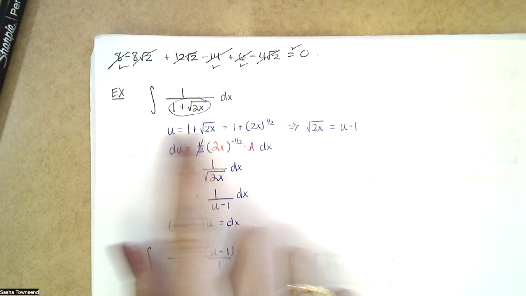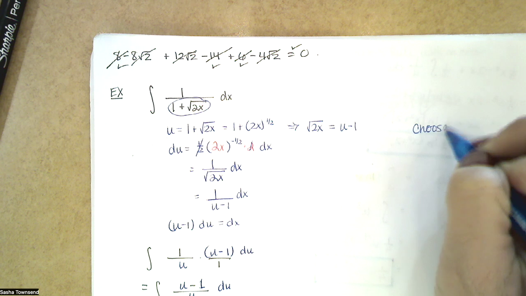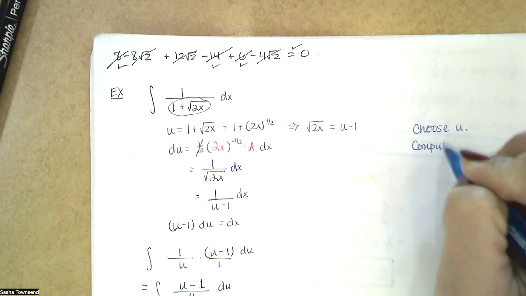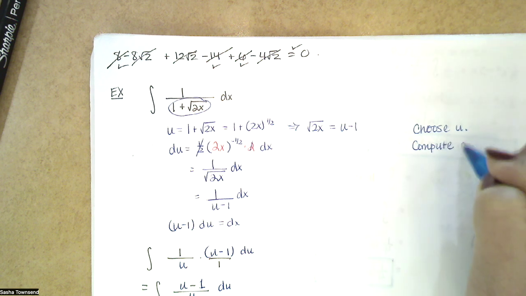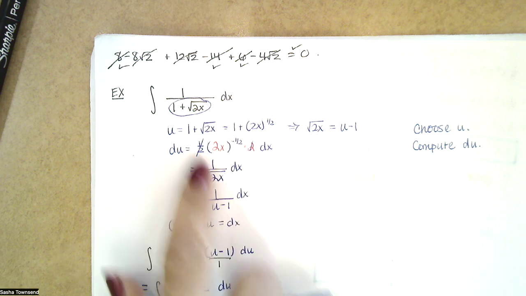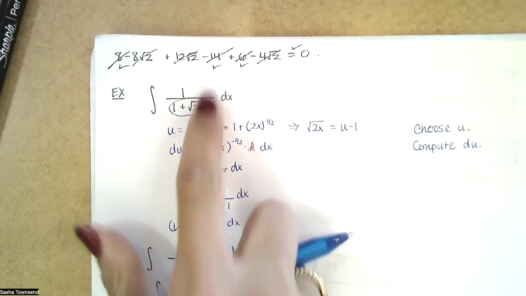So I said, let's let u equal this. So we choose our u. Then we compute du by taking the derivative and then multiplying by dx. And then after I computed that du, I saw this expression and I said, I've got a function of x times dx, and that function of x is not up here as a factor.